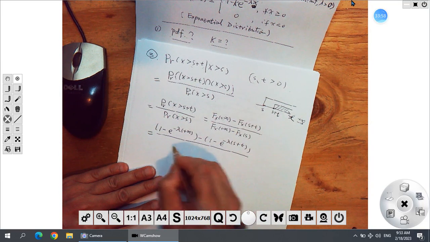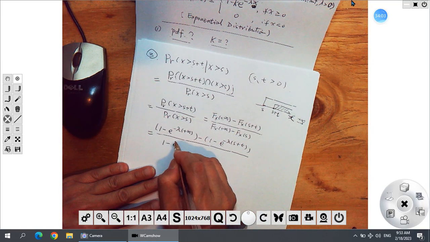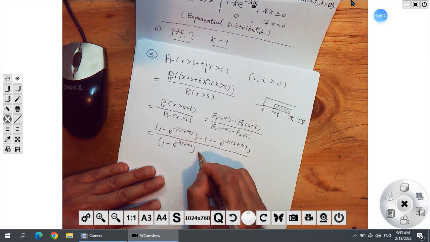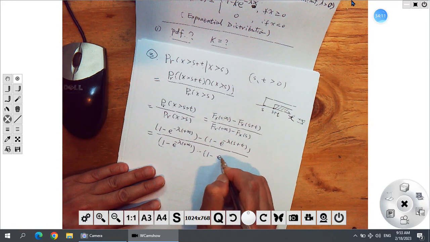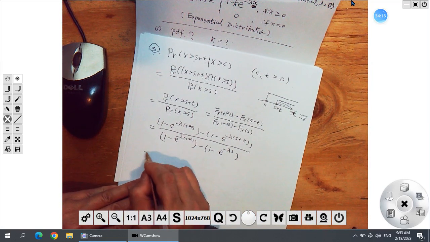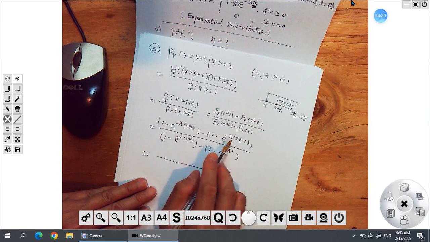And the denominator is still this one, right? 1 minus e to the negative lambda times positive infinite, minus 1 minus e to the negative lambda s. Okay, the numerator 1 and 1 cancel. We have these two.